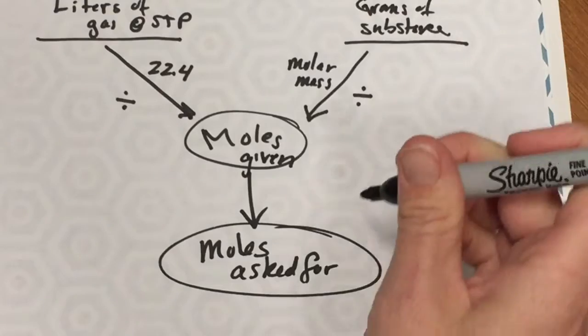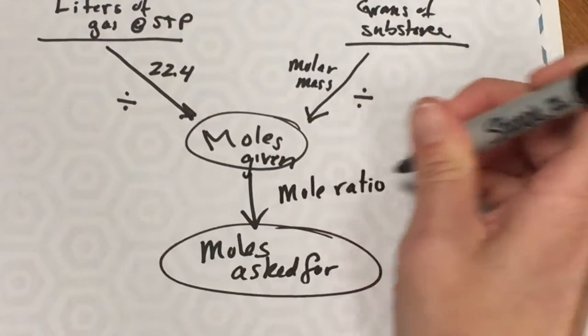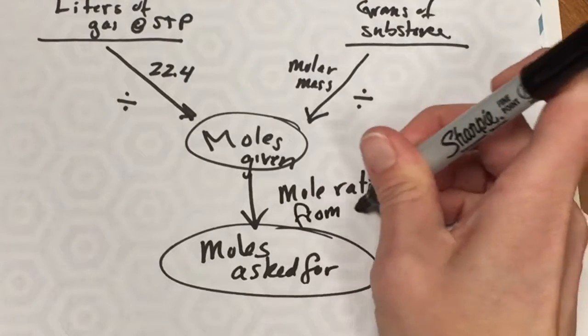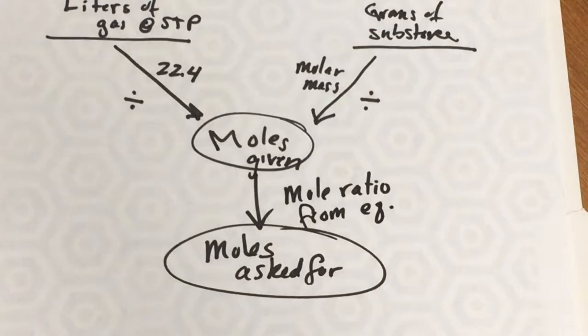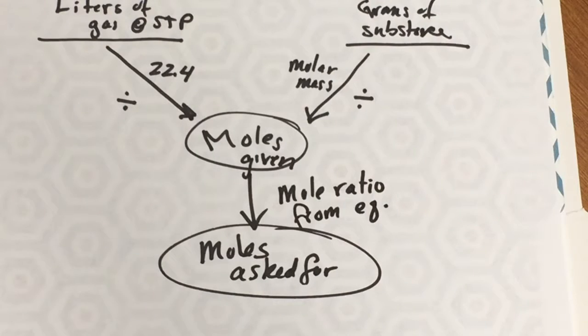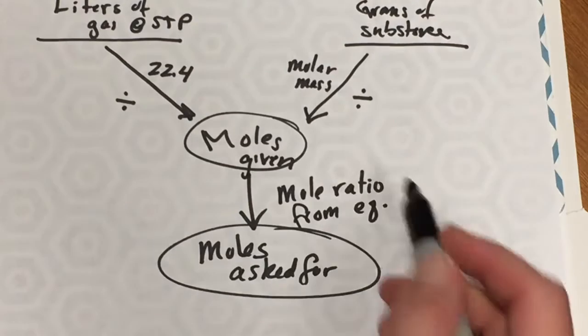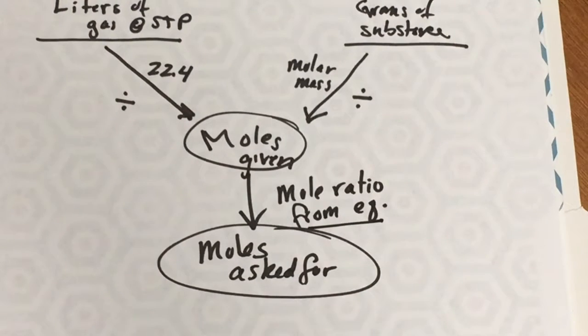We use the mole ratio from the balanced chemical equation. Whether it's a 1 to 2, then you're going to multiply by 2. If it's a 2 to 1, then you divide by 2. If it's a 3 to 2, you multiply by 3 and divide by 2. But that comes from the equation. So that's your next step.